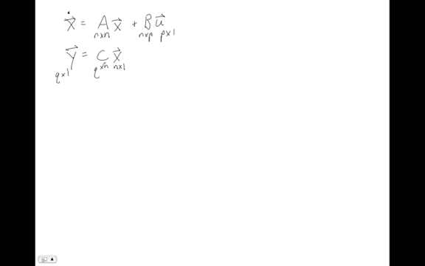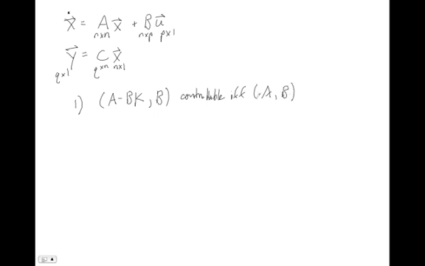The nice thing about extending this to multi-input, multi-output is that all of the really important results still hold. So let's think about what some of those important results were. One was, we said this system, the pair A minus BK, B, is controllable if and only if the pair A, B is controllable.